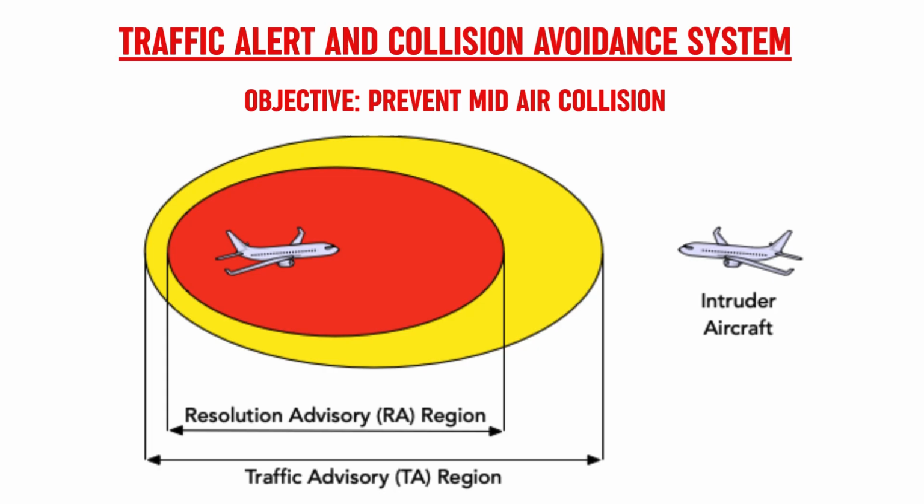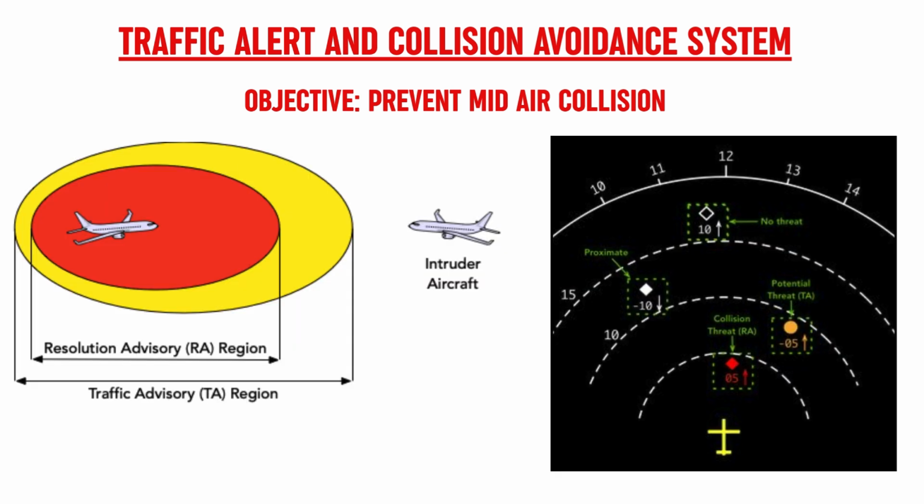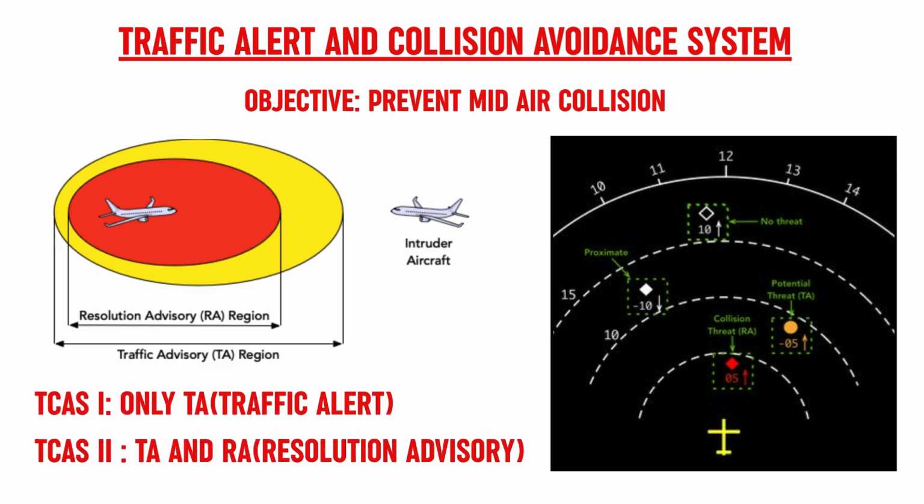So what is the objective of TCAS? Objective of TCAS is to prevent mid-air collision. And how is it achieved? It is achieved by displaying the relative position, distance and height of nearby air traffic on a display screen. TCAS has two versions, TCAS 1 and TCAS 2.